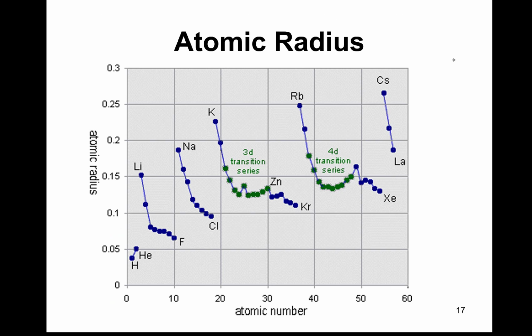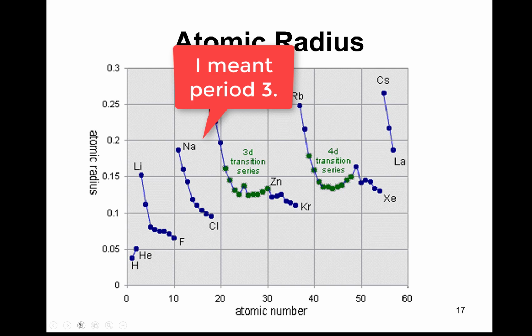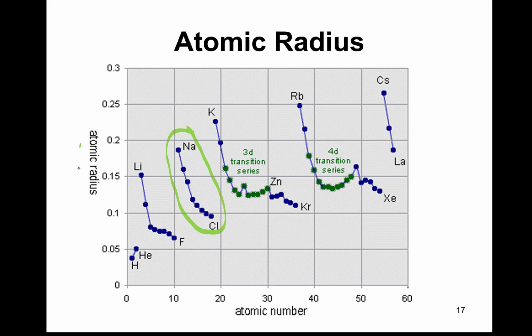Here's a different way of looking at the same information. So if we look at, let's start with period 2 because it's a little bit more obvious. So if we look at period 2, we have atomic radius on the y-axis, atomic number on the x-axis. So in period 2, we start off with, sorry, that's period 3 I circled. In period 3, we start off with sodium.